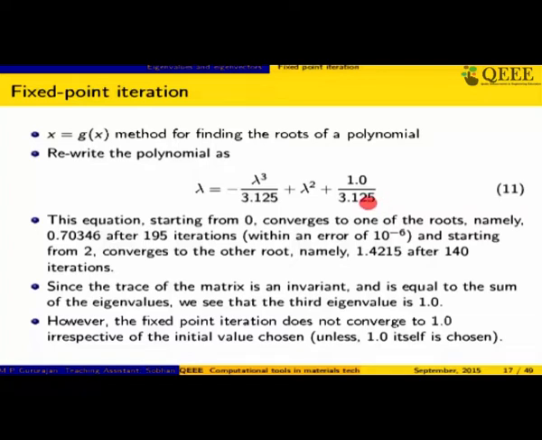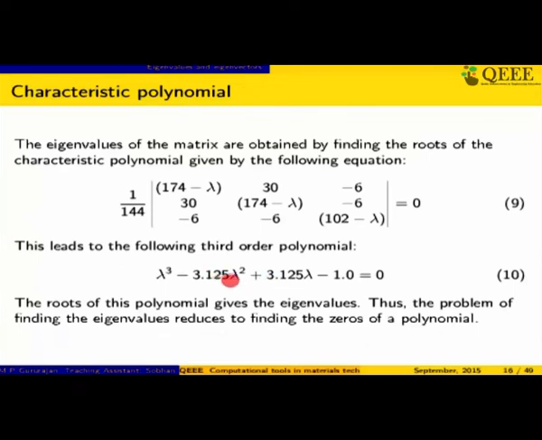Okay. Now, some of you might think, this is not the only way by which I can write it in the x equal to g(x) form, right? And you are right. This is not the only way. For example, I could have decided to write lambda cube plus 3.125 lambda minus 1 square root, divided by 3.125.